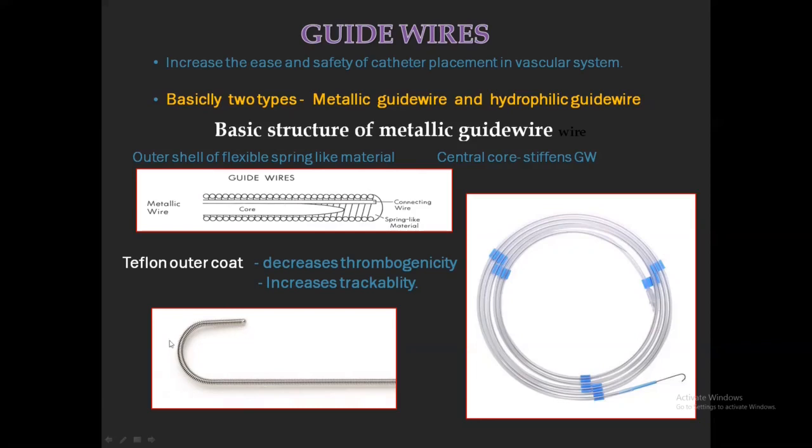The shape of the tip will be specifically either straight or curved. Different shapes are available, and a Teflon coating is applied over the metallic wires to give more trackability, meaning the friction will be less, and to decrease the thrombogenicity.